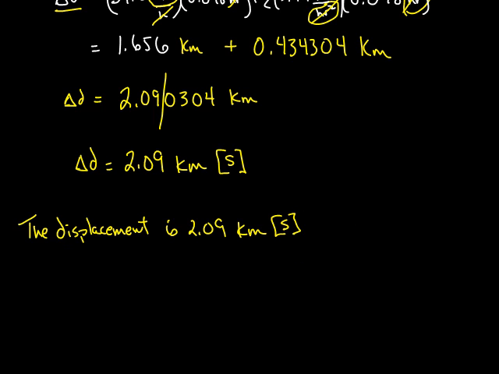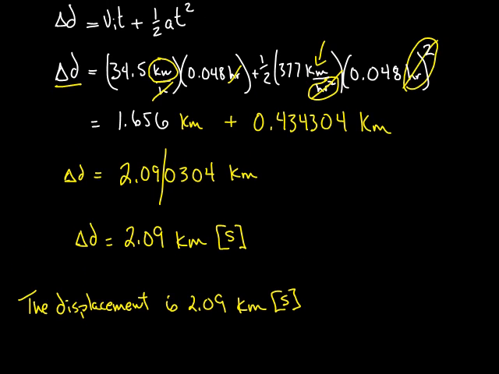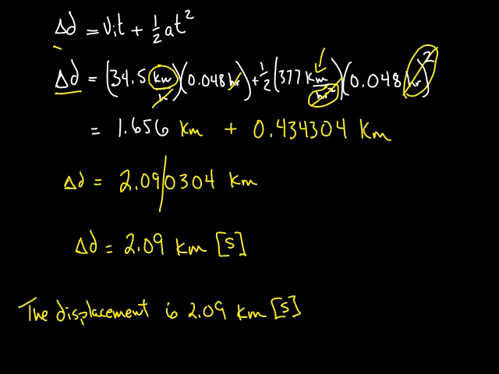Okay, so that one's fairly straightforward given this formula. I'll talk about what this formula means with respect to a velocity time graph in my next video, but it can be easily demonstrated there.